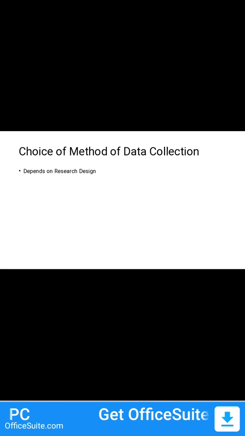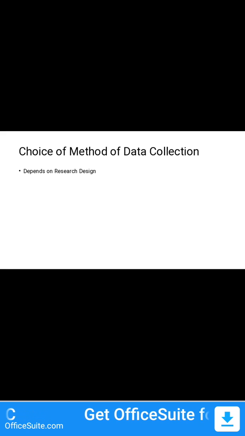Now let us move over to the third step, which is choice of method of data collection. We have said that ultimately the method of data collection will mostly depend on the research design that you have chosen for your research, and that is what has been written here as well. It depends on the research design.